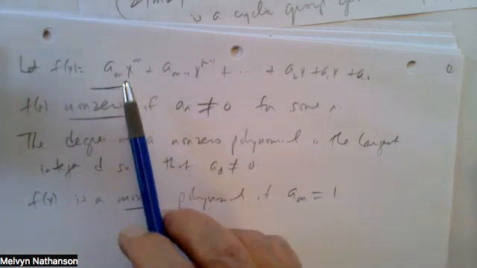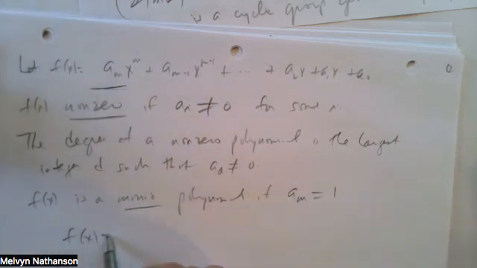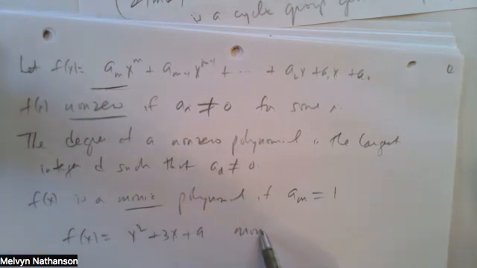That is the leading coefficient. So f of x equals x squared plus 3x plus 9 is monic. F of x equals 7x squared plus 3x plus 9 is not monic. That's all. Because this coefficient is 1 and this is different. They both have degree 2.